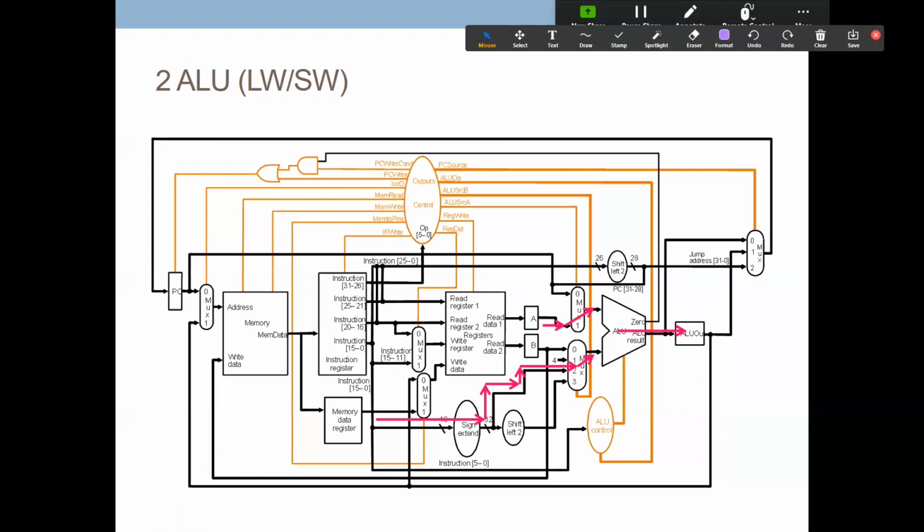Now if these instructions were load and store instructions, what would you be doing in the ALU stage?